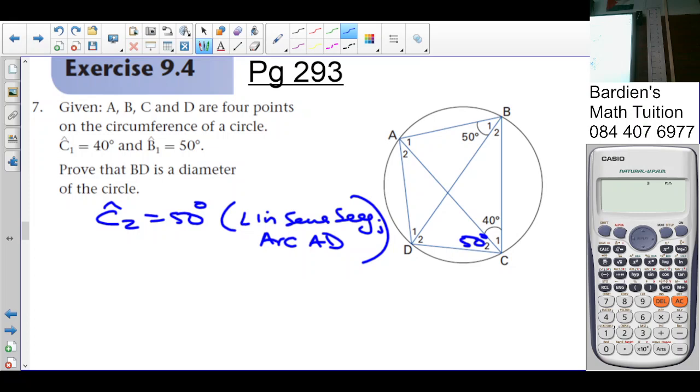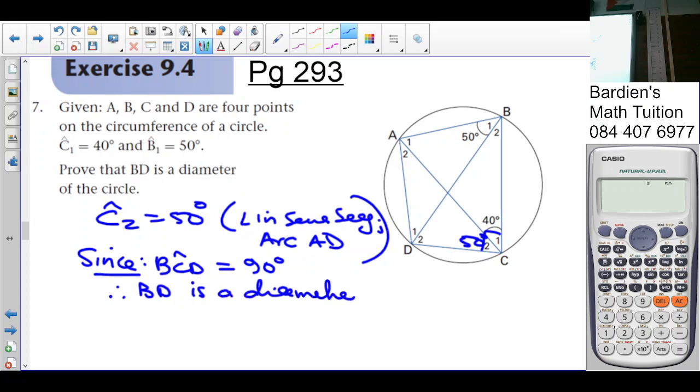So now we can say this is 90. So we state the obvious: in BCD, since this angle here is equal to 90 degrees by calculation, therefore BD is a diameter.